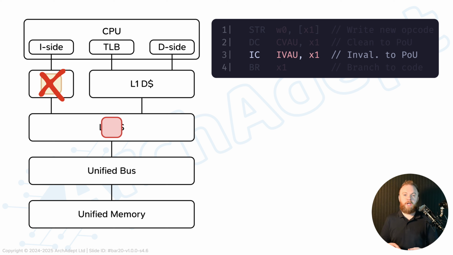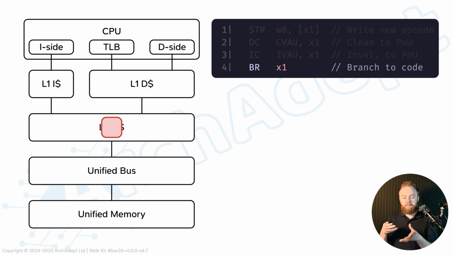And in this example, that means invalidate all copies of the cache line up to, but not including, the L2 unified cache, meaning the L1 instruction cache. The idea here being that when we come to branch to this location, what we'll do is miss in the L1 instruction cache and we'll be forced to pull in the correct, most up-to-date instruction opcode from the L2 unified cache.